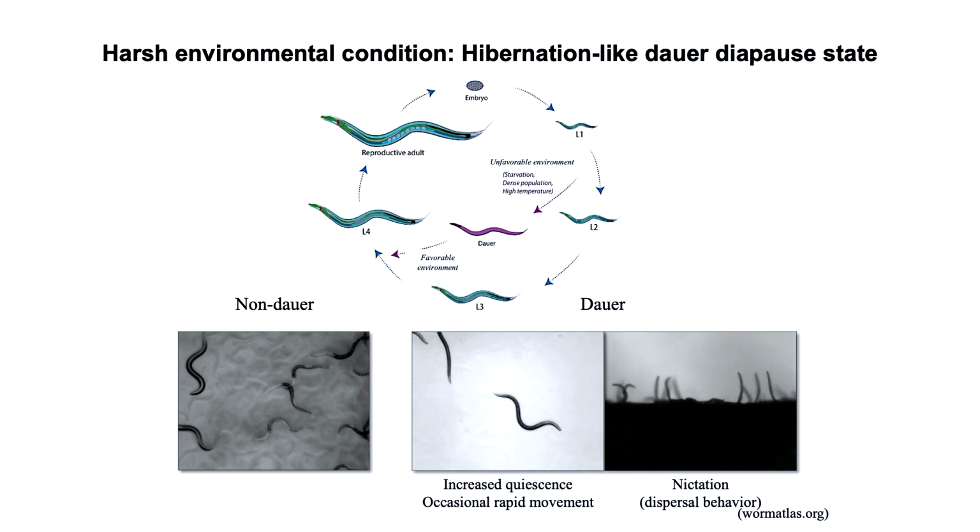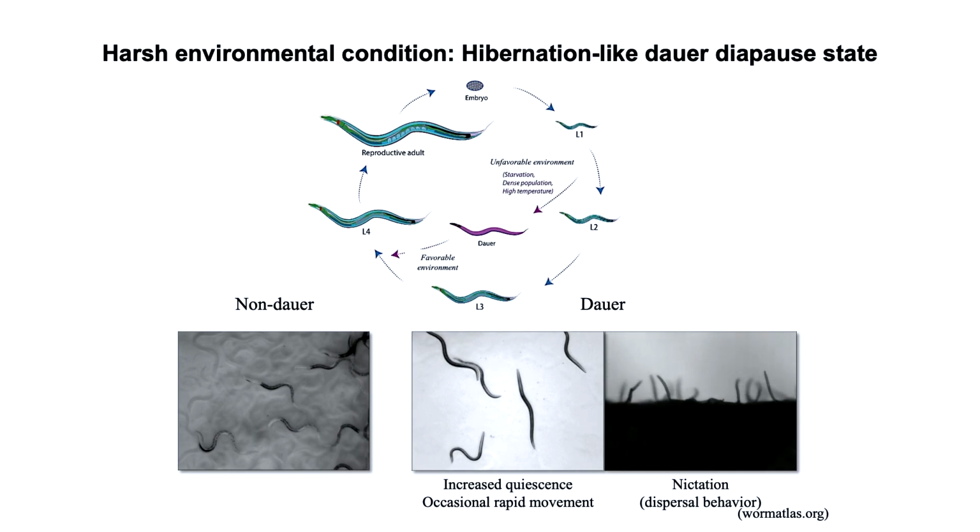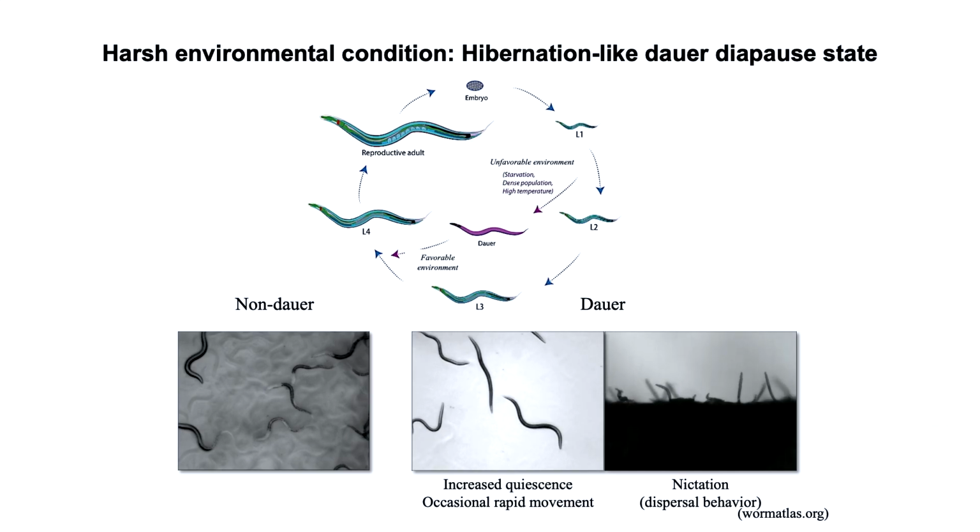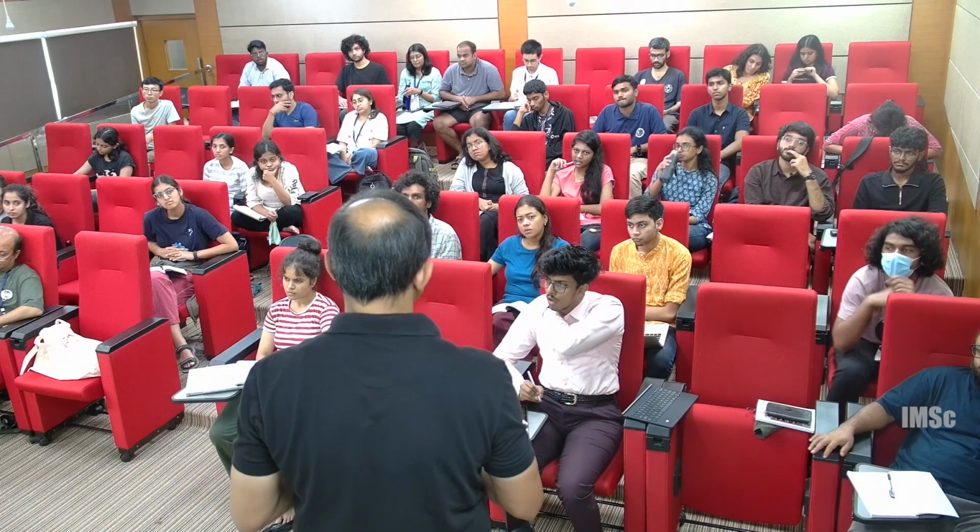Yeah. How do they know when to perform this nictation behavior, since all of them are doing it at once? What cue is there? It's a good question. We don't know actually, because they do not do it all the time, but I think it is maybe just stochastic, I am not sure.